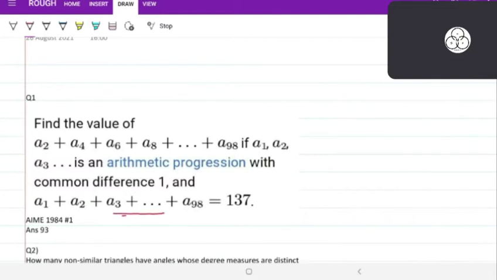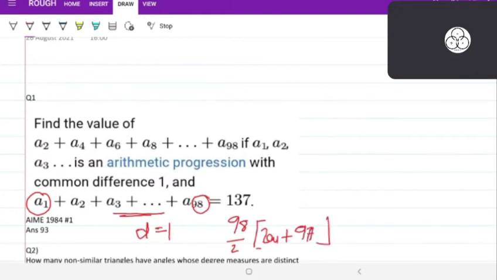This is an AP with common difference 1. This is the first term, and the number of terms is 98. So we can apply the formula n by 2 into 2a1 plus n minus 1, that is 98 minus 1, 97 into d, which is 1, equals 137, and we can find out the value of a1.